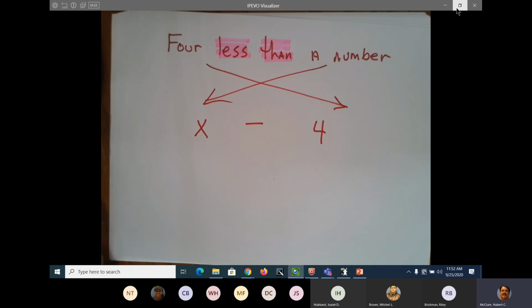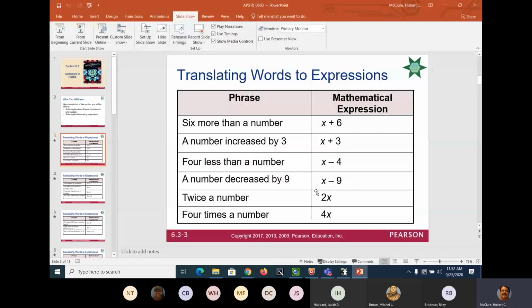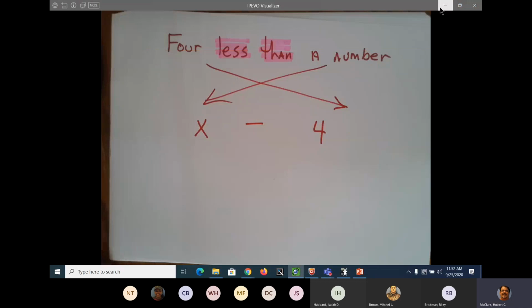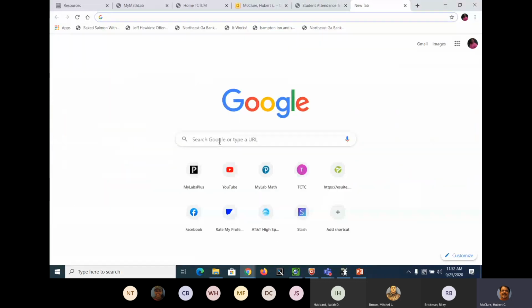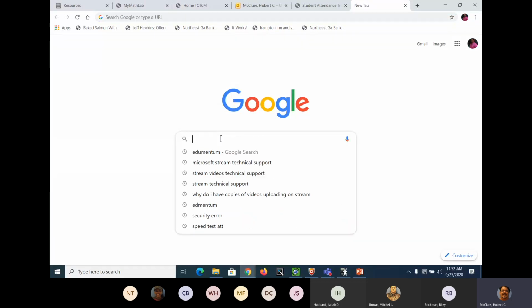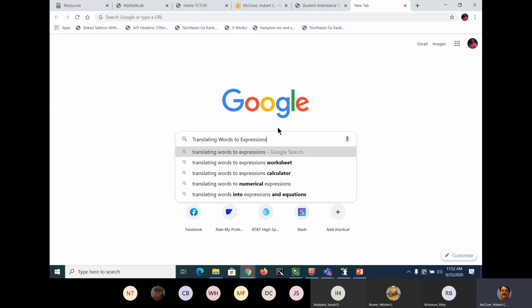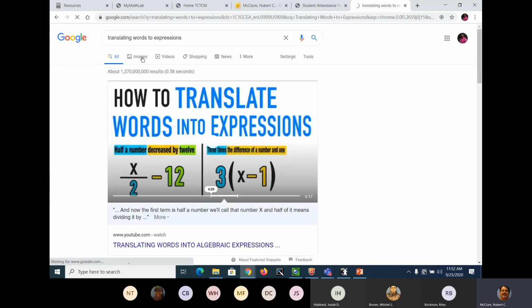If I were you, I would highlight this right here. I want to show you a trick I learned in the war. Copy. And there's this thing called Google out there. You know, it's real hard to use, and you have to print out, and you have to get up and get the paper out of the printer. It's real hard. Control V. Get images.